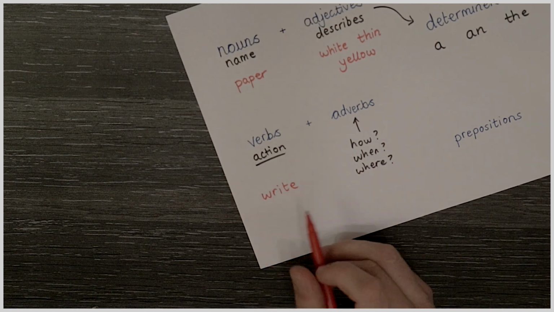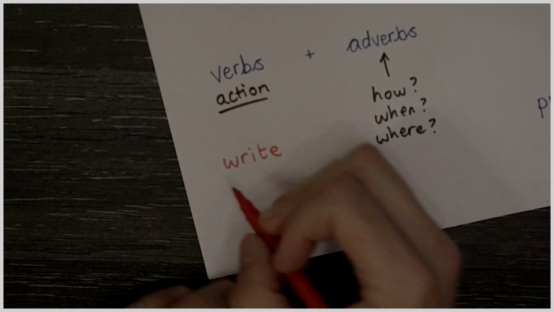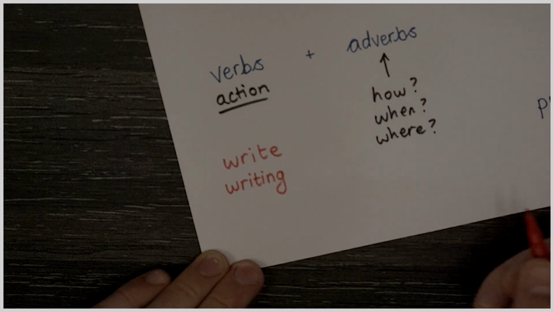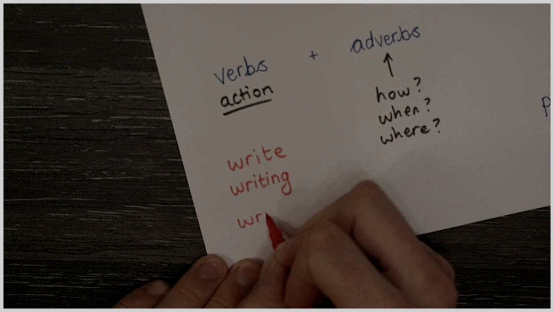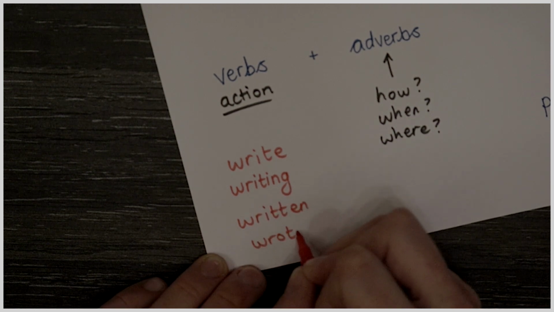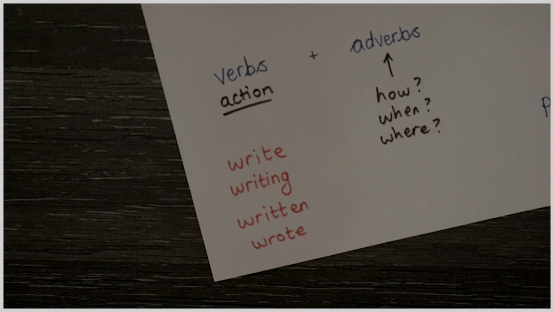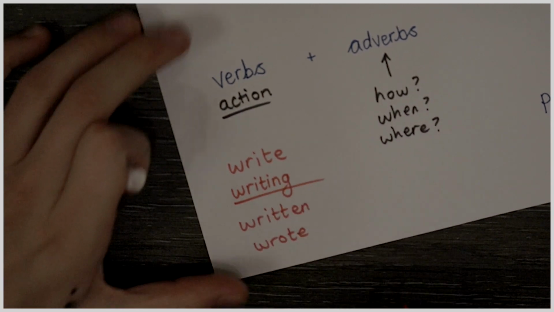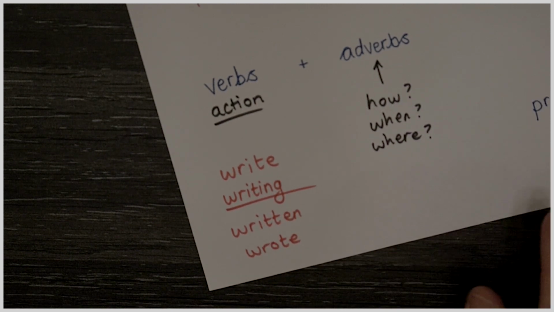Okay. Now, we have a choice. I could say writing, if it's something that I'm doing still, which I am. I could also say written in the past tense, and wrote. There's lots of different ways I could use it. So learning the past and the present and the continuous and all that, that's something we can do again. But for now, I know that I'm doing it. I'm writing. Okay, so I'm going to use the present continuous, writing.